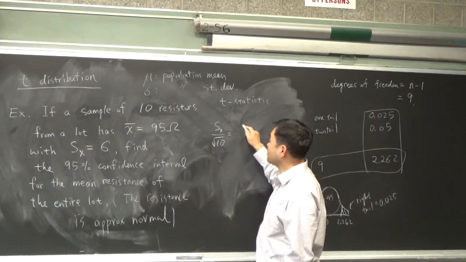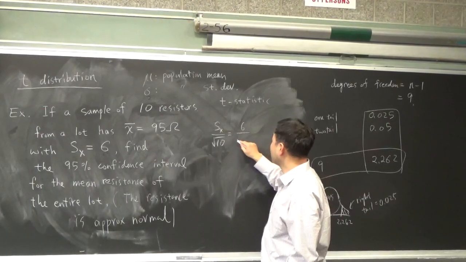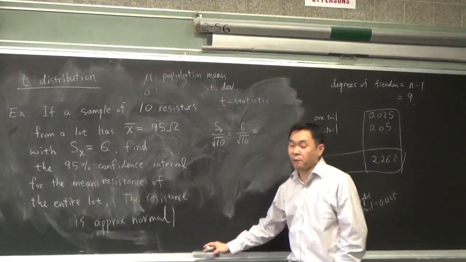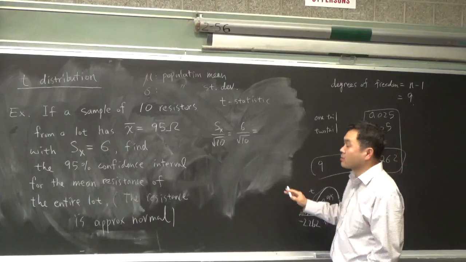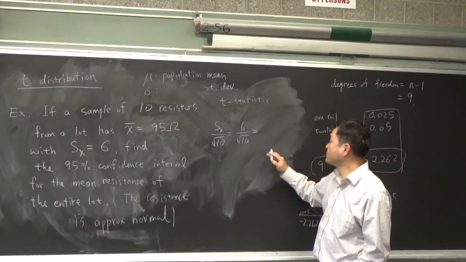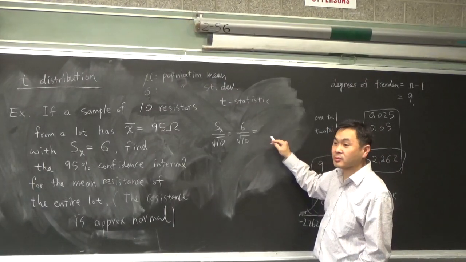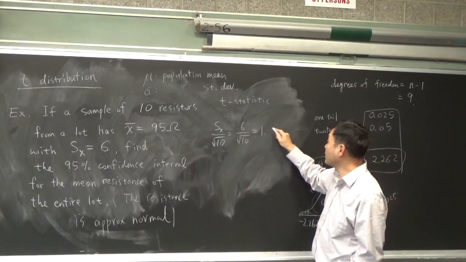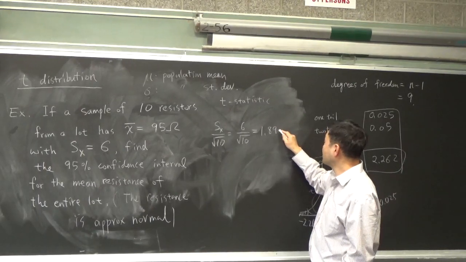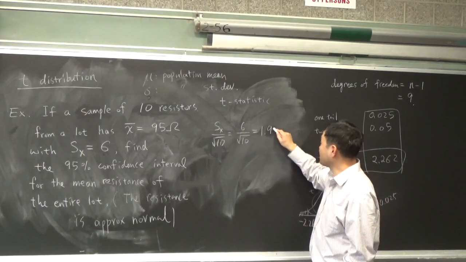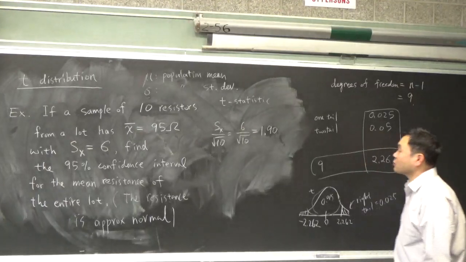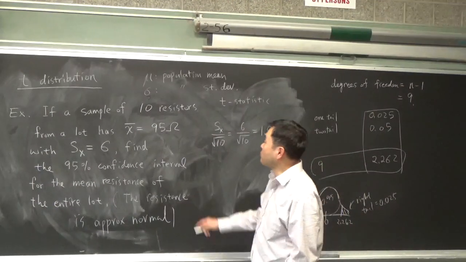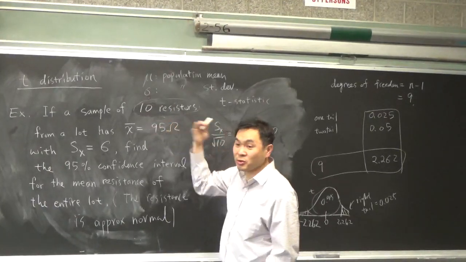This is 6 divided by square root of 10. What's that? Someone help me? 1.9. 1.9 what? 1.897. Okay, all right, good. It's more like 1.90. So that's what we have as the standard deviation of the 10 resistors' average.